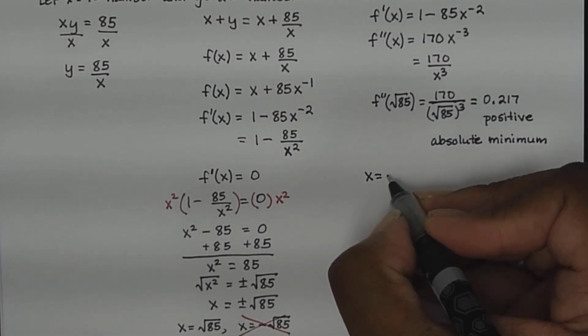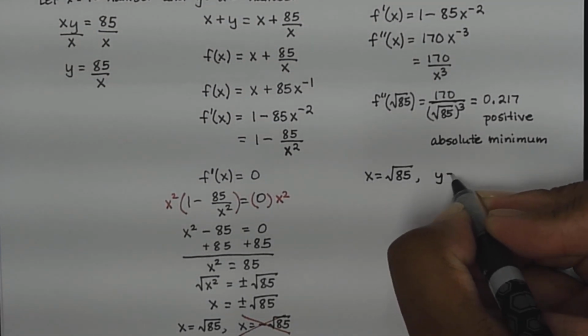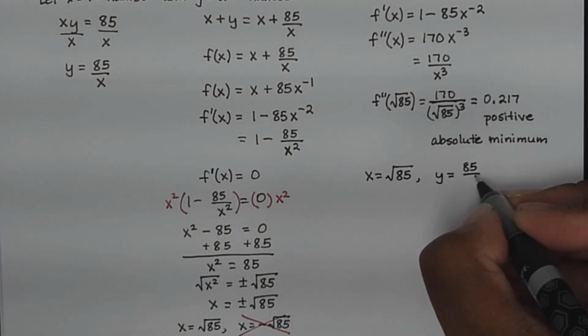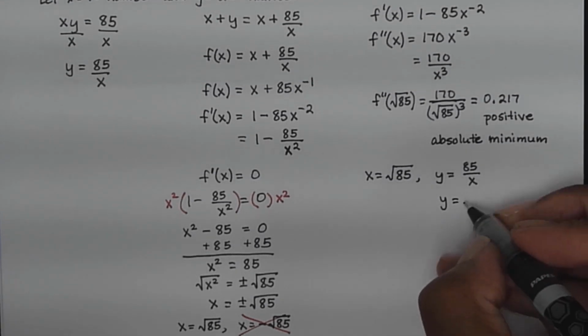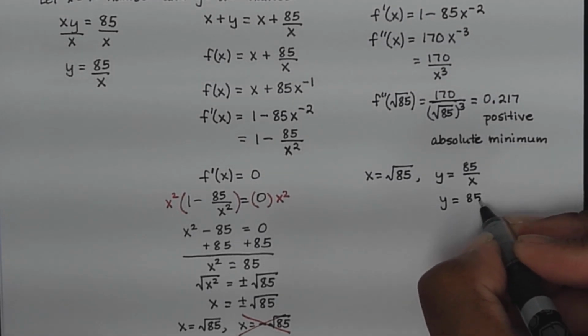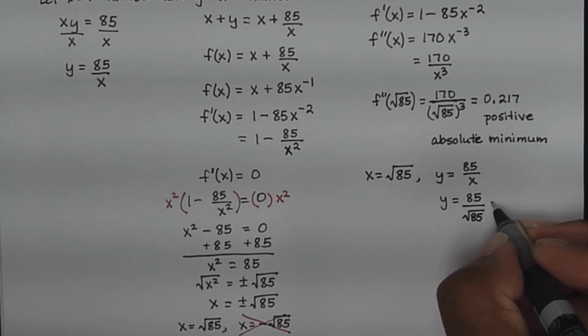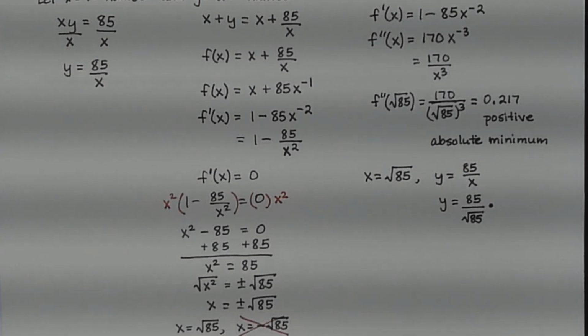So that means with x being the square root of 85, I can go ahead and find out what y is. Because here y is 85 over x. Replace the x with the square root of 85, so it'll be 85 over the square root of 85. Now here they want you to rationalize the denominator.